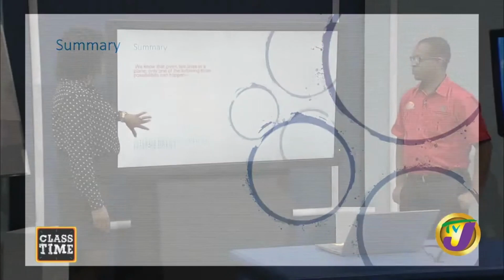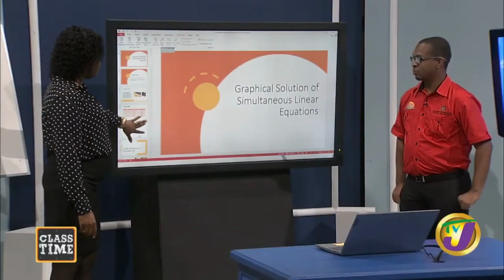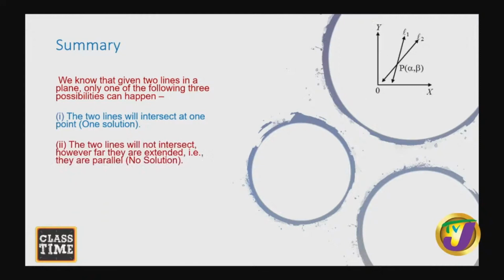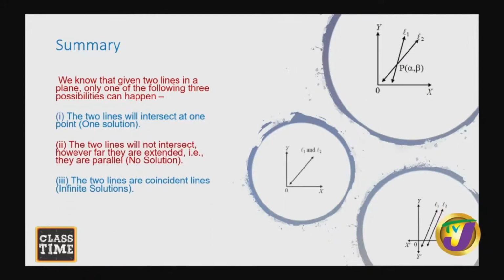We know there are 3 different types of solutions when solving simultaneous equations graphically. We can have one unique solution when the lines intersect at one point, no solution when the lines are parallel, and infinitely many solutions when the lines overlap.